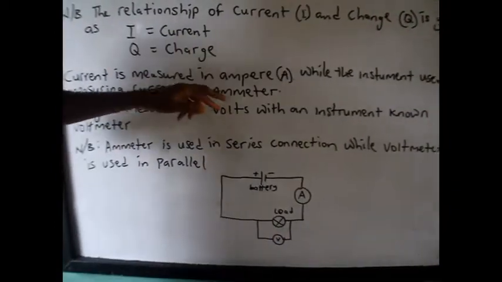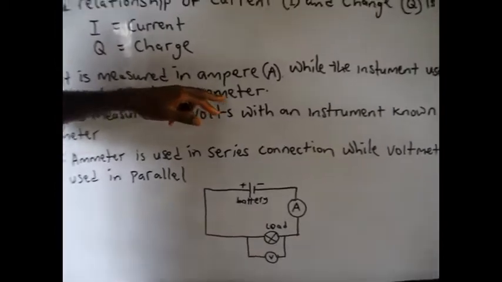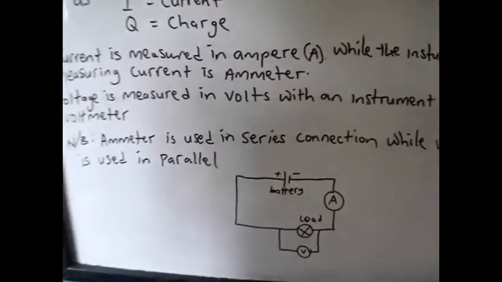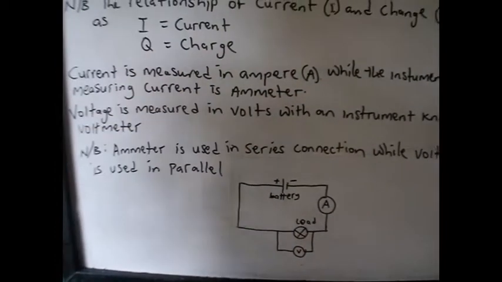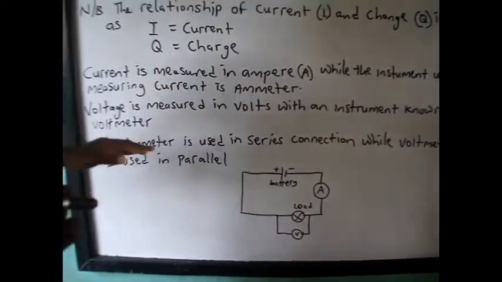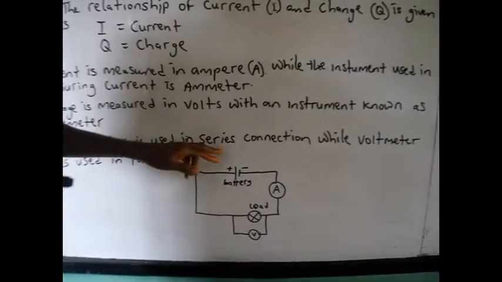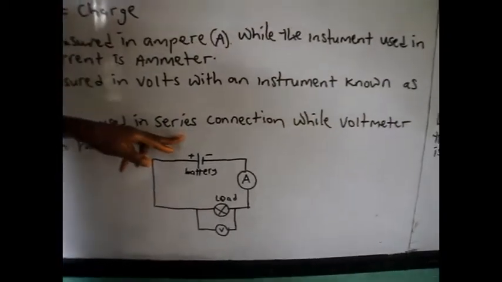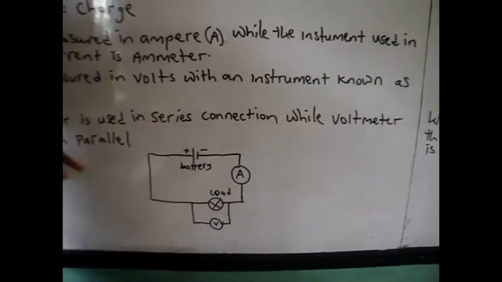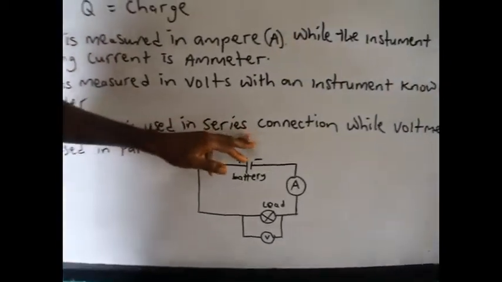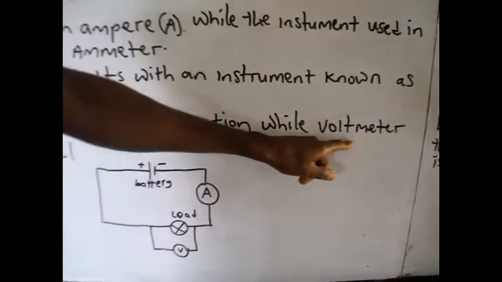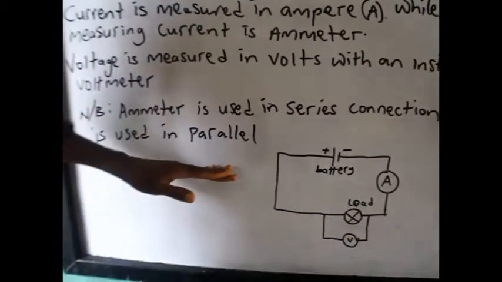The first one is used in measuring current, known as ammeter, and the second one is used in measuring voltage, known as voltmeter. Ammeter is used in series connection. We are going to look at what series connection is all about. But note that ammeter is used in series connection, while voltmeter is used in parallel.